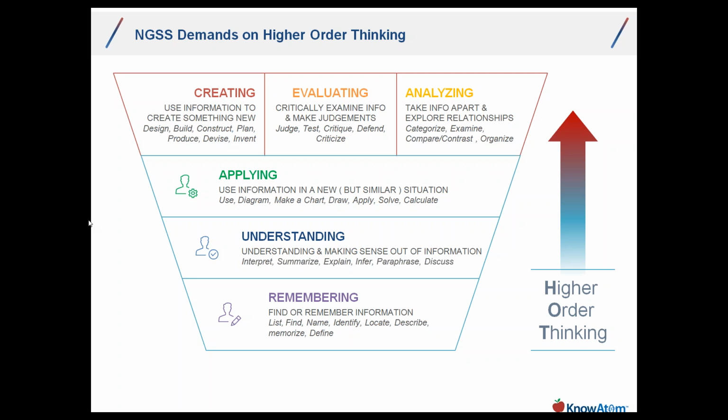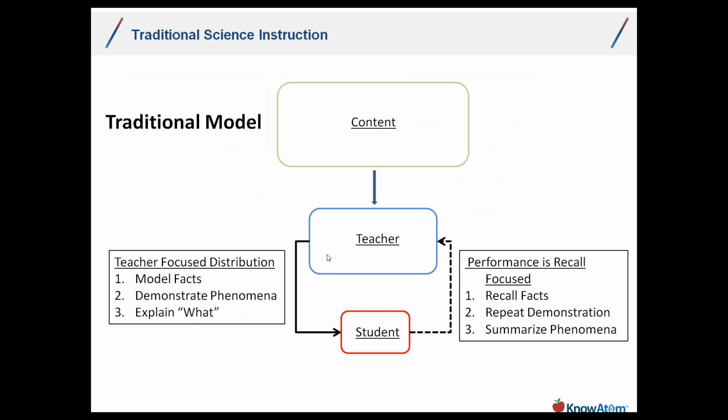So if students are creating, evaluating, and analyzing simultaneously, they have to remember what they know. They have to try to make sense out of that information, so they have to understand or extend their understanding, and they have to apply it as they're analyzing, evaluating, and creating. So there's a feedback loop that happens. That is not something that exists in this traditional model.